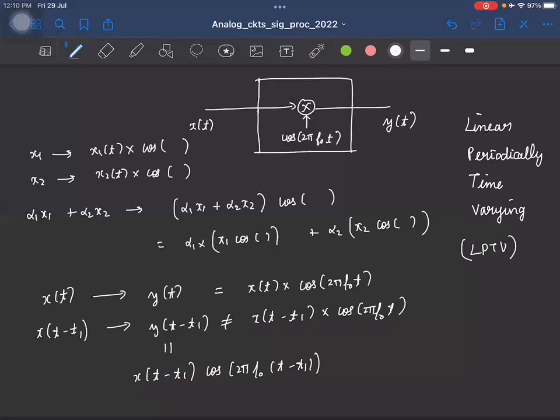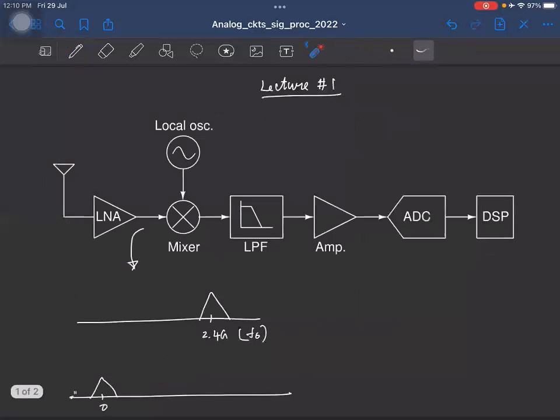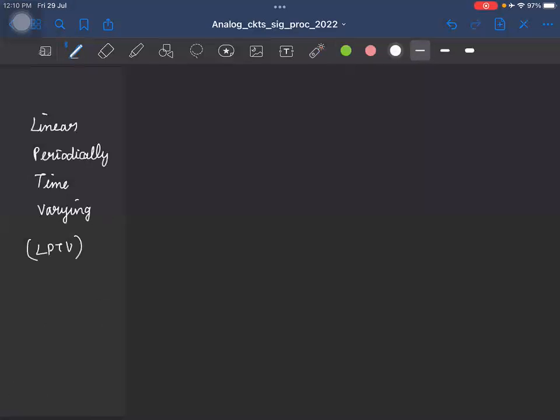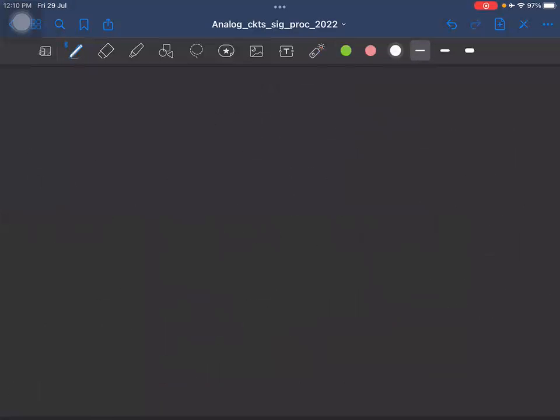Now in this receiver chain, even if you look at the ADC, I hope you have some understanding of what an analog to digital converter does. Basically, the operation consists of two parts. First, it has to sample the signal and then do a quantization, right?